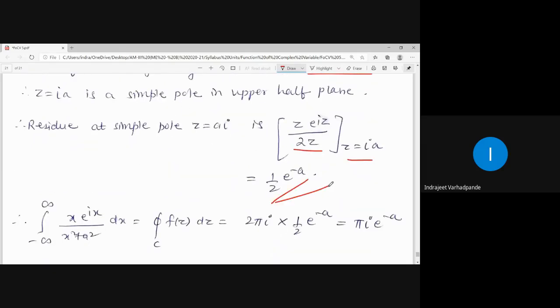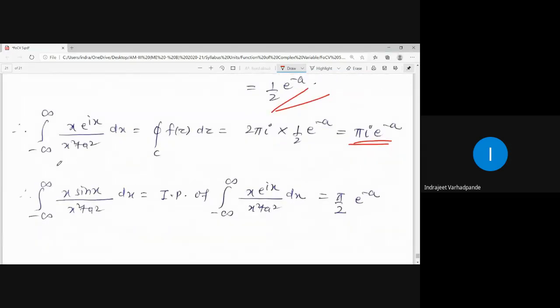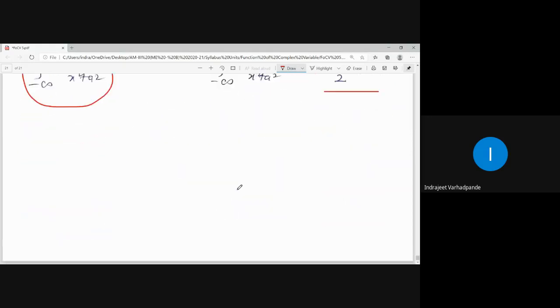Evaluate by Cauchy residue theorem: 2 pi i into half e to the power minus a. आंसर बन गया pi i e to the power minus a, but this integral is the imaginary part of this value. So imaginary part of this value में क्या होता है, आपको फाइनल आंसर ये लिखा है.